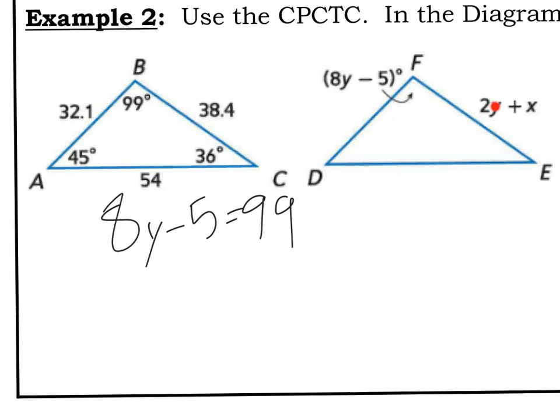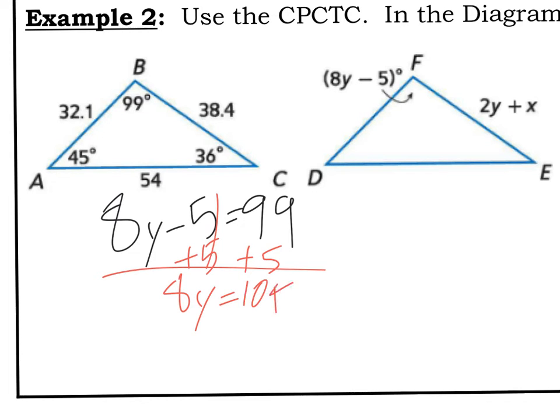So I need to figure out y first in order to figure out x. Moving back to this, I'll add 5 to the other side, and I'll get 104. And so I get 8y equals 104. Then I'll divide both sides by 8. And so that's going to give me a value of 13. So y equals 13.